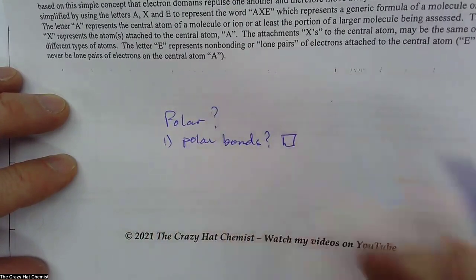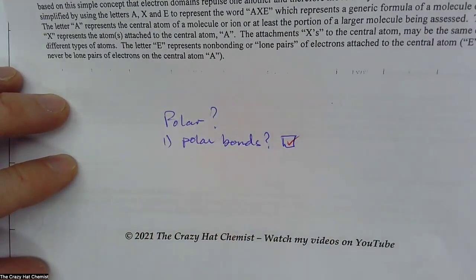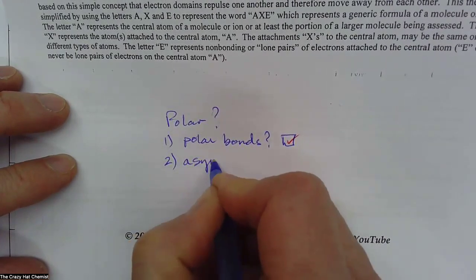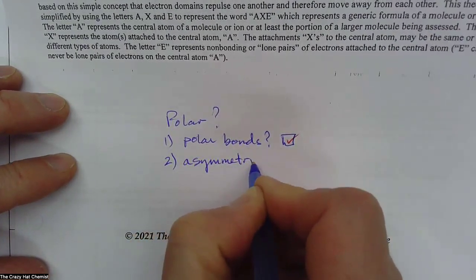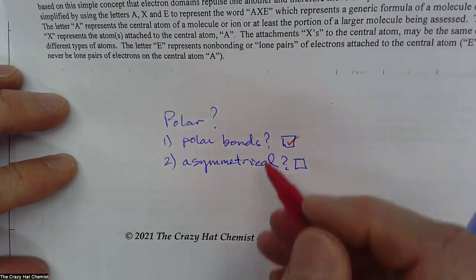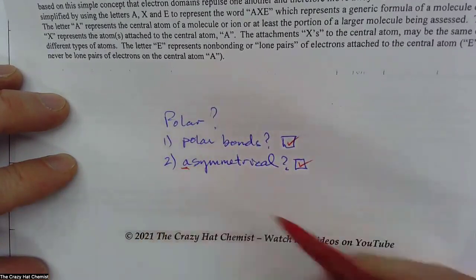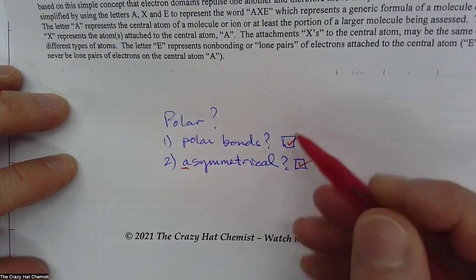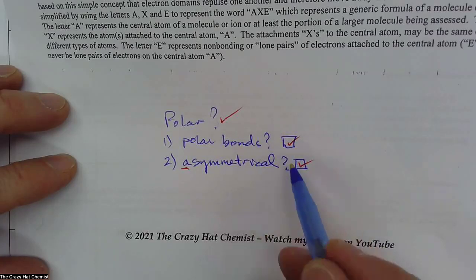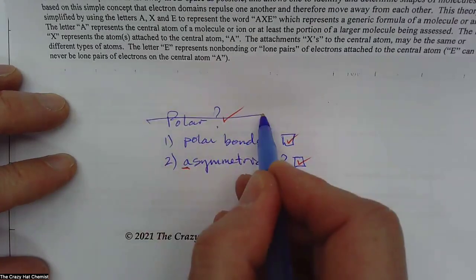Are you going to put a check in here? Number 2: asymmetrical. Is it asymmetrical? Are you going to put a check in this box? Remember, if you put a check in both of these boxes, then yes, it is polar. If one of these boxes is unchecked, it is not polar.